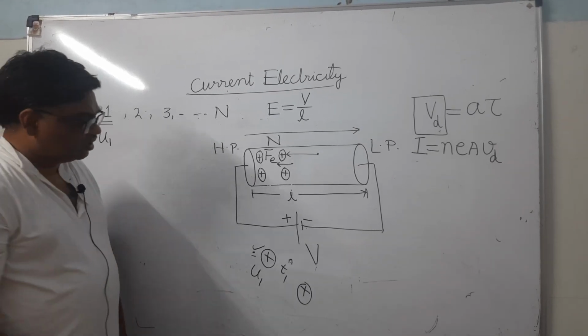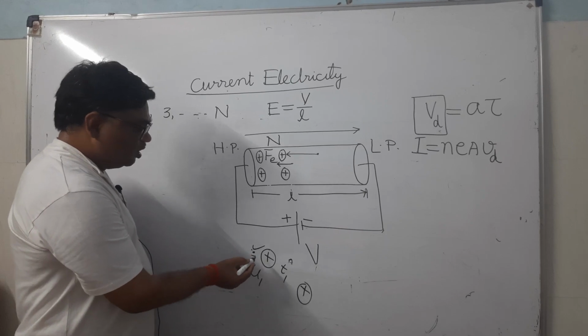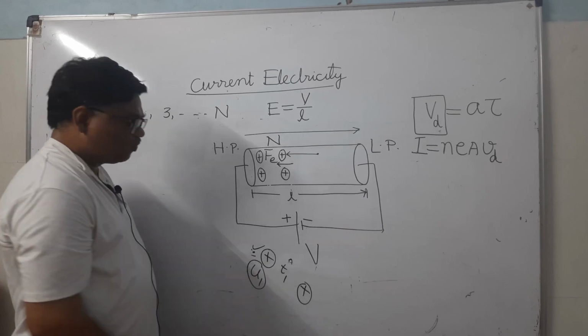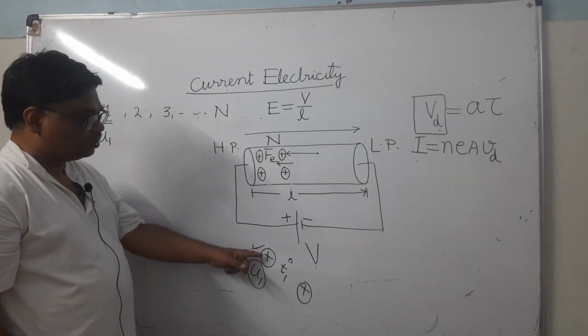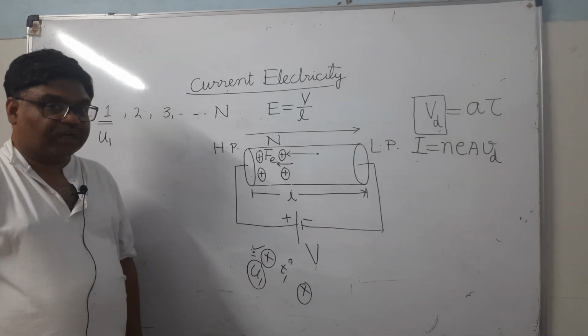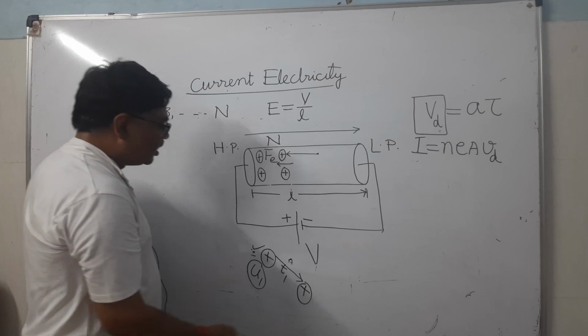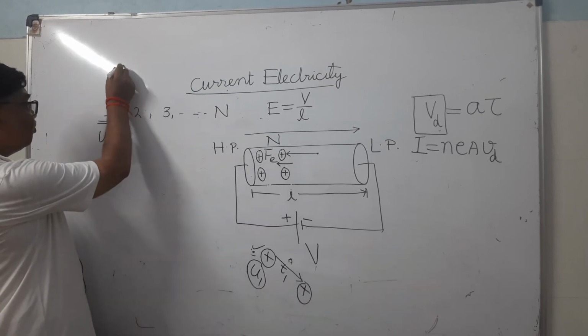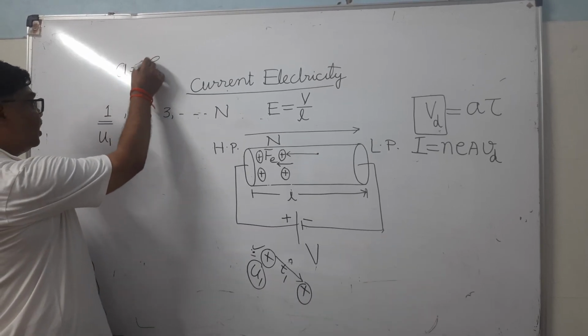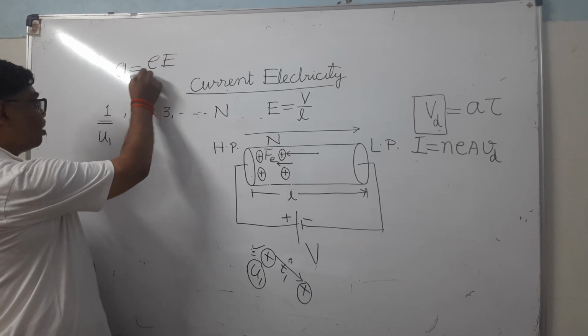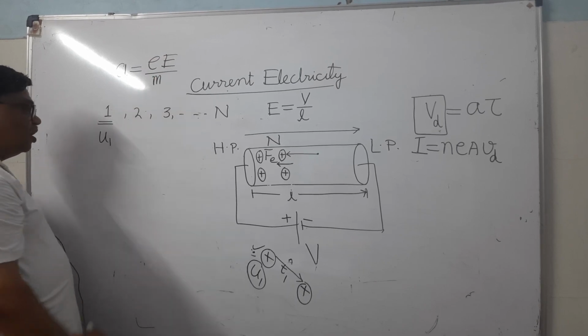So see here, just after collision its velocity is u1. फ्री electron की just after collision velocity क्या है? u1 है. Now in between these two collisions it accelerates with what acceleration? Which I have already told, a equals eE upon m. It is clear?